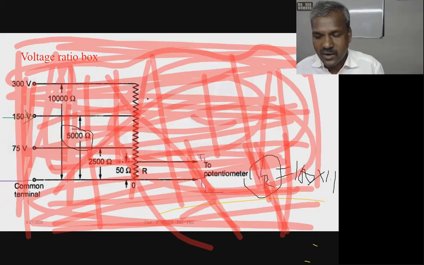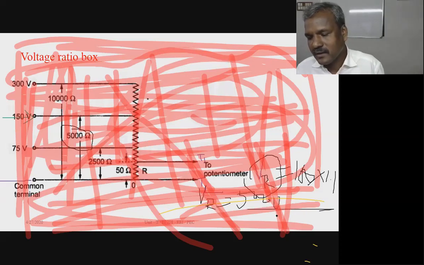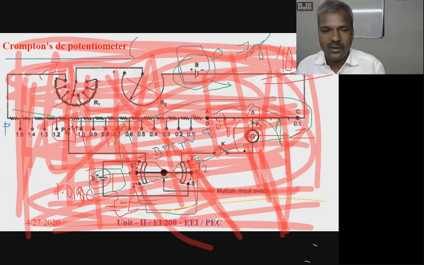Understand that? The unknown potential value is V equal to 5,000 divided by 50 into the potentiometer reading, whatever the value read here.